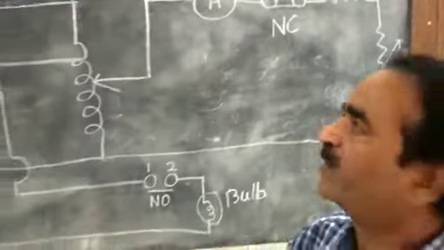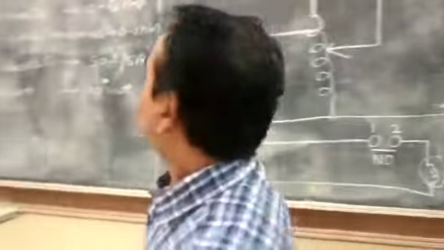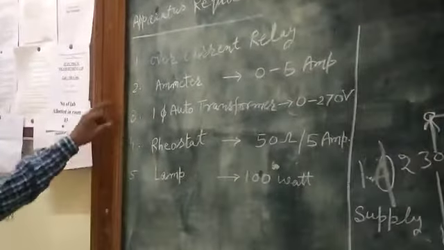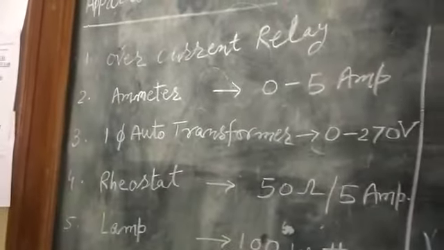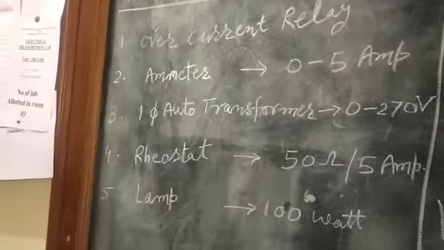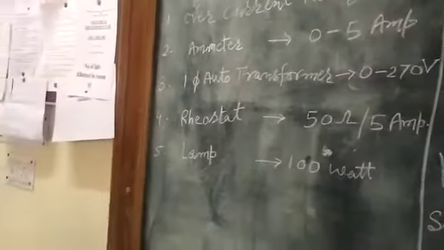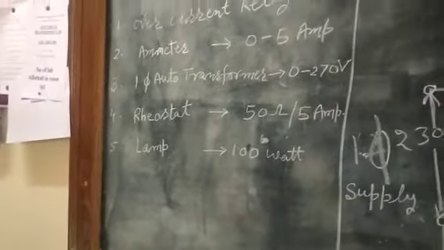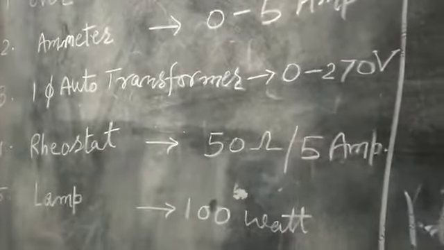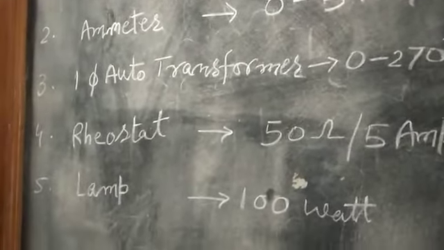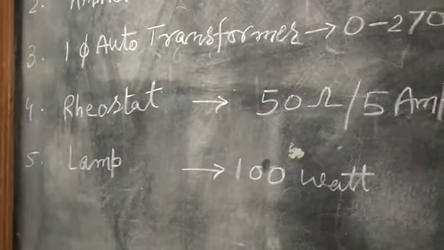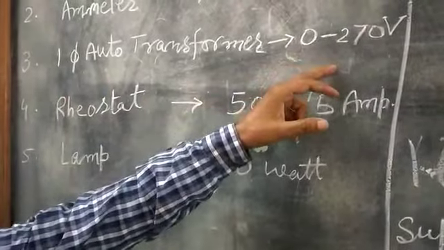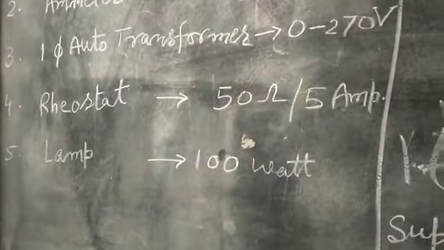So to perform these experiments, these are the apparatus required. We require the overcurrent relay. Next one is ampere meter. The range of ampere meter is 0 to 5 ampere. Third one, single phase auto transformer, range of 0 to 270 volt AC.